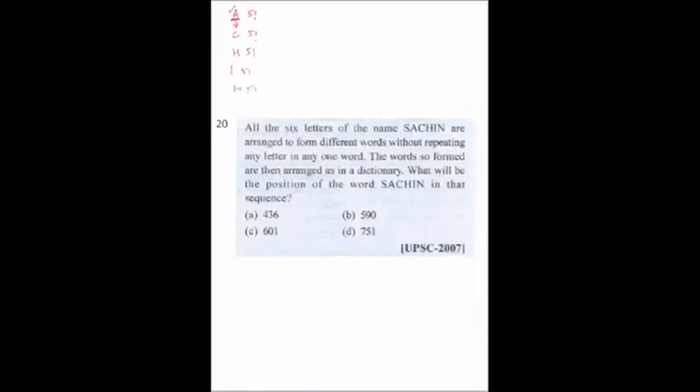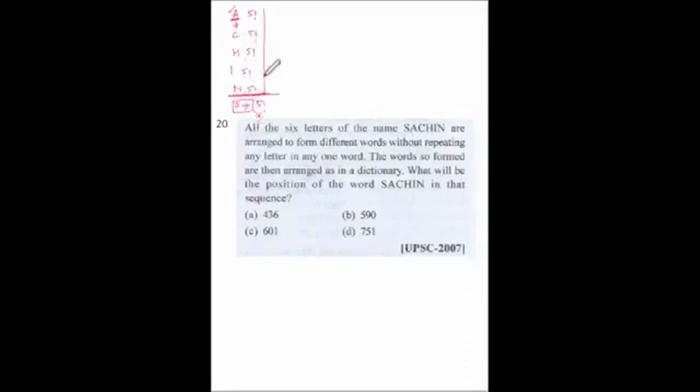Ways are there. Now we come to S. S is also having factorial 5. So this will be the first letter. Till here we will have, compulsorily we will have. Now for S we have to check which position this will have. As I said, A, C, H, I, N are in sequence. So in dictionary Sachin will be the first word.